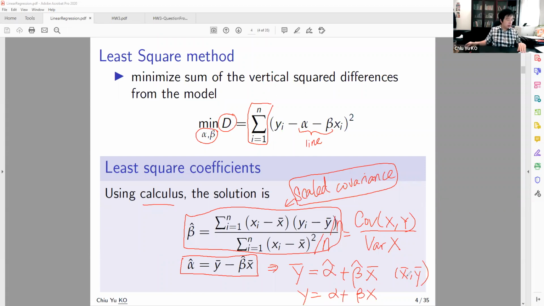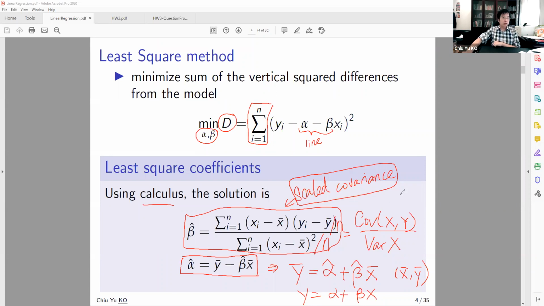That is the implication of this. So you find the best line, and it turns out the line will pass through the center of data, which is x bar, y bar.